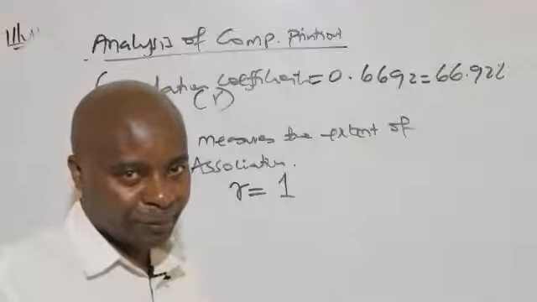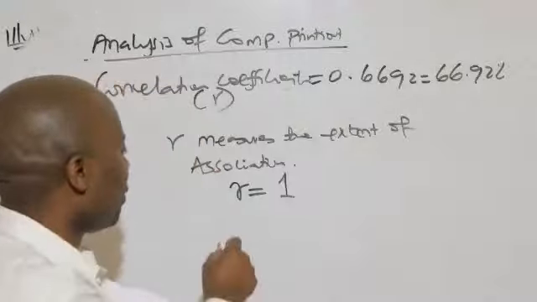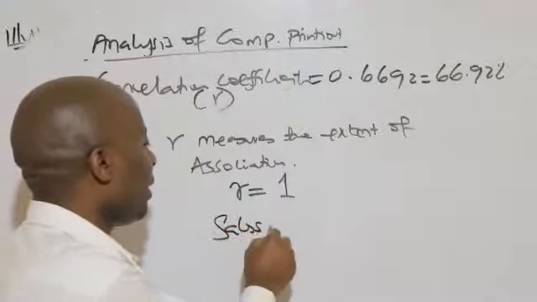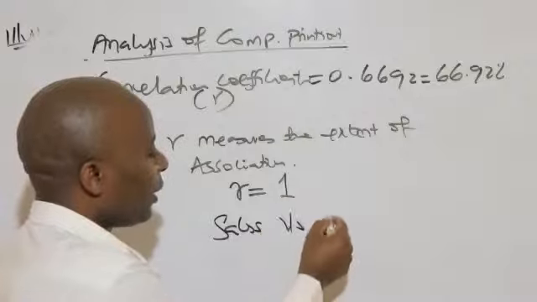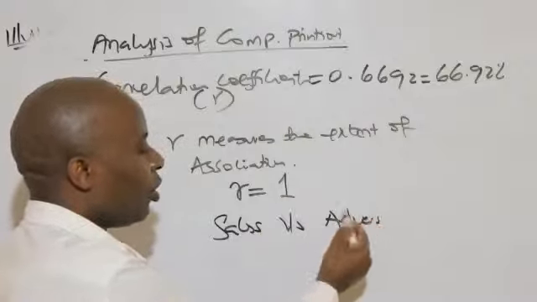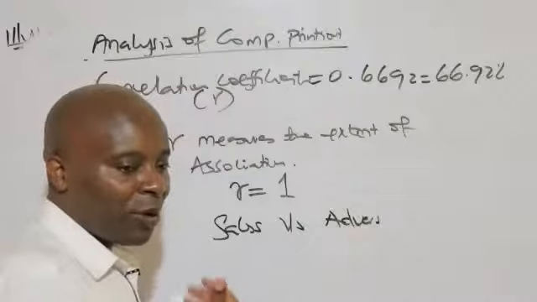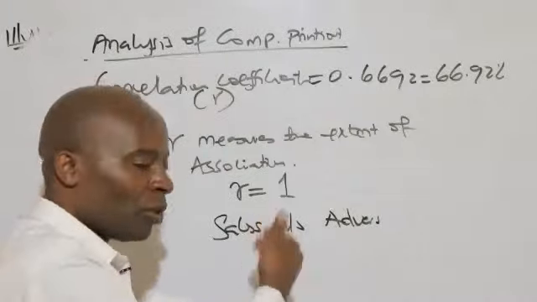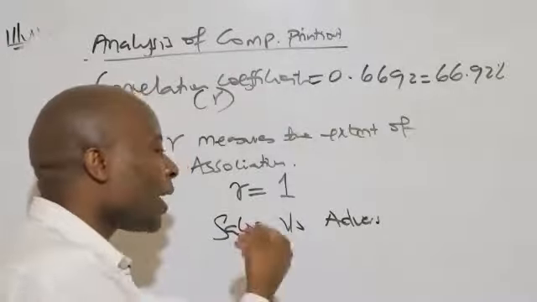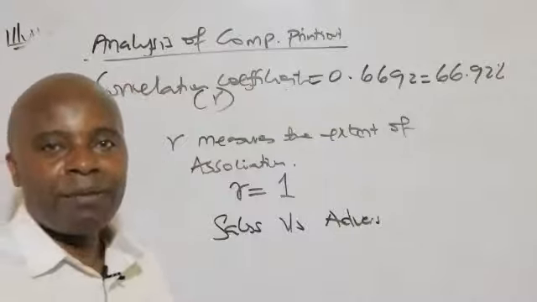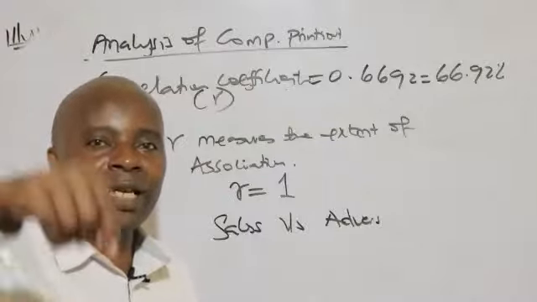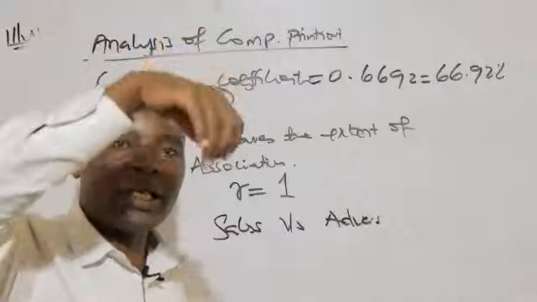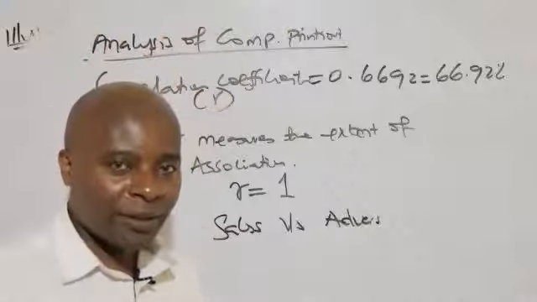So if I have sales versus, for example, advertising, of course the two are related. I expect the more I advertise, the more I should be able to sell. If I can get an association between the two being 100%, then I'll put all of my resources in advertisement, because every coin that I put in advertisement, I'll always get results in the form of sales.